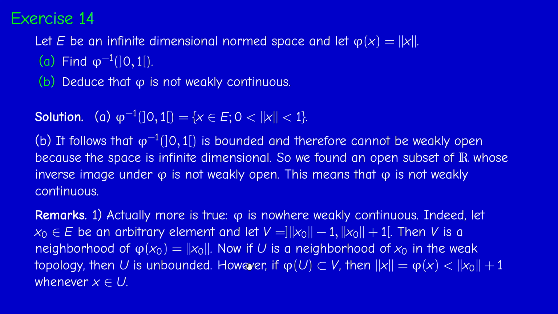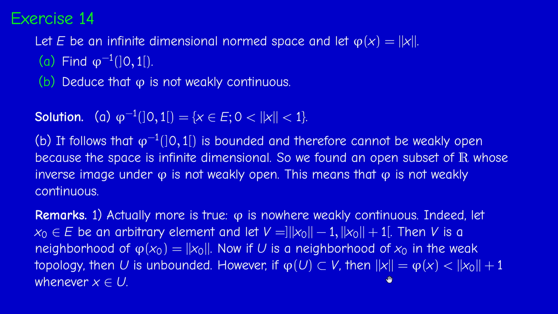However, if phi was continuous at x0, then we would have a neighborhood U of x0 in the weak topology whose image under phi is contained in V, by definition of continuity. If this is true, then the norm of x, which is phi of x, would be in V. So it would be less than the norm of x0 plus 1.